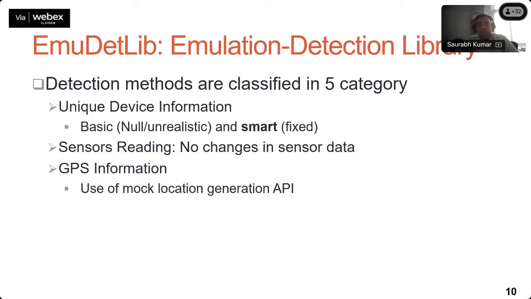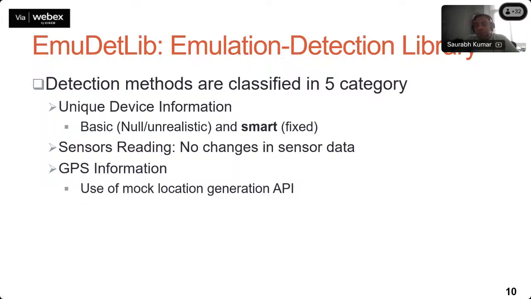Android platform also provides a mock location generation API. So mock location means it is actually used to generate fake locations. So if you remember this Pokemon app, right? There were some challenges in which you have to be at a certain location to enable some levels or some stages.